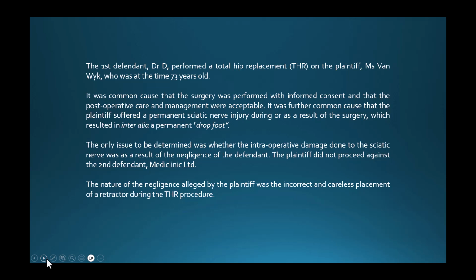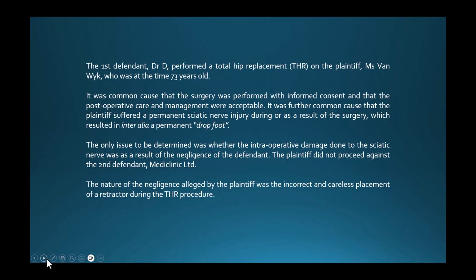Question 2, we know there was an injury, that's common cause. She suffered a permanent sciatic nerve injury during or as a result of the surgery. We saw that in the previous paragraph. And the next question is, was there a causal link between the injury and any negligence which was established? All of that must be proven by the plaintiff in order to succeed. All of those are what we call elements of the claim.